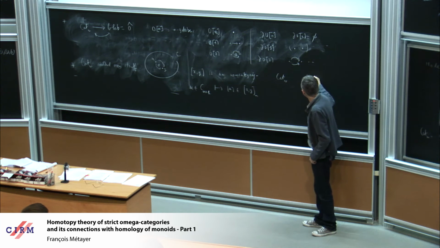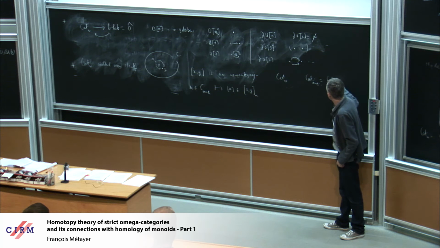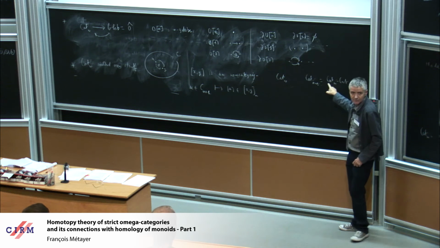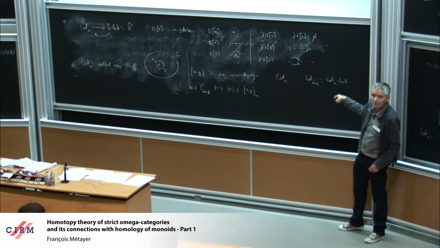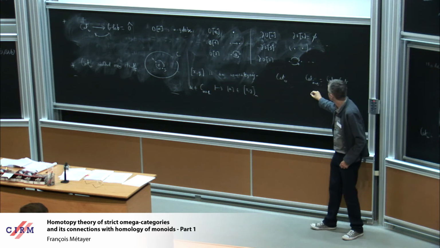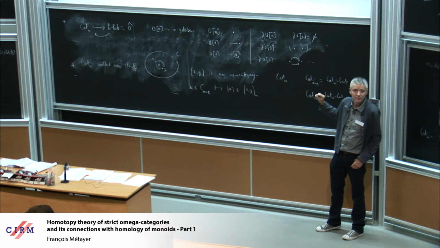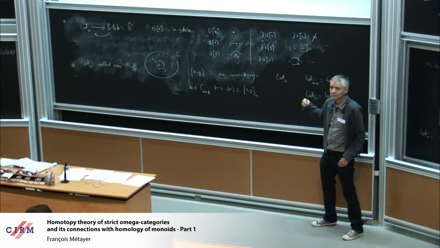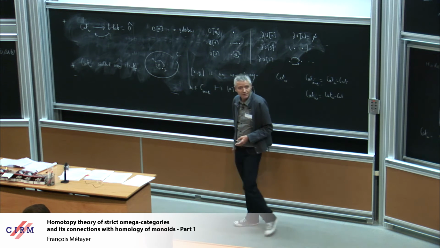Because you have cat n+1 is cat n cat, okay? And when you go all the way to the limit, then cat omega is cat omega cat. Yeah. It really is enriched over itself.